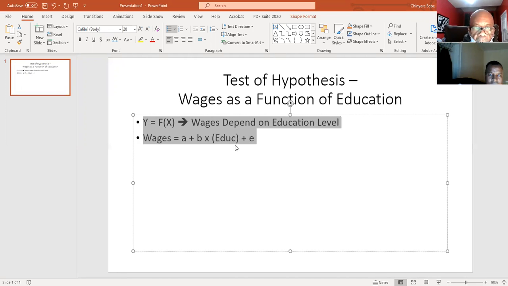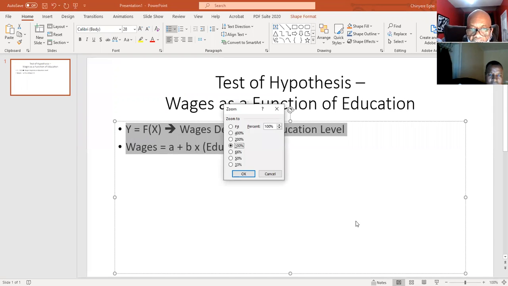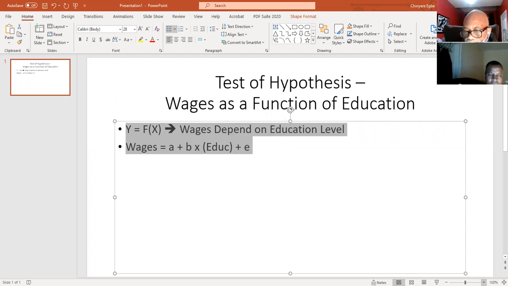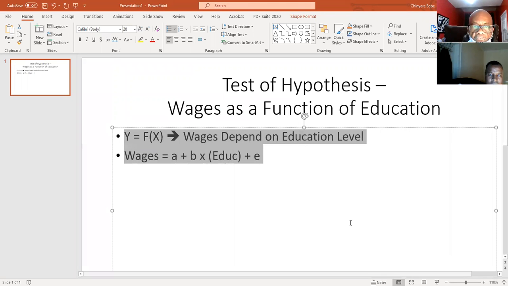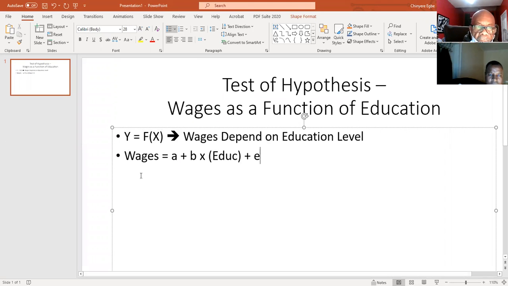Now, in regression analysis, we say that wages will be the dependent variable y, and education will be the independent variable x.